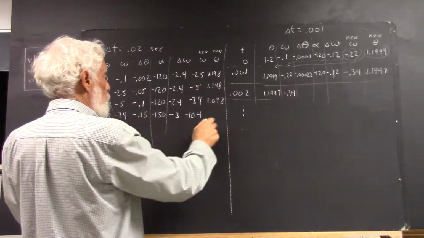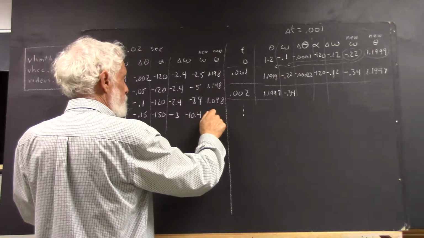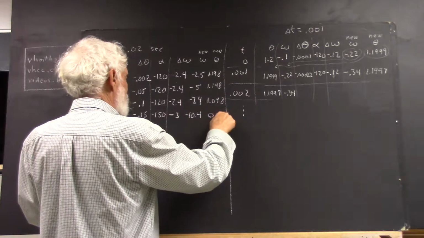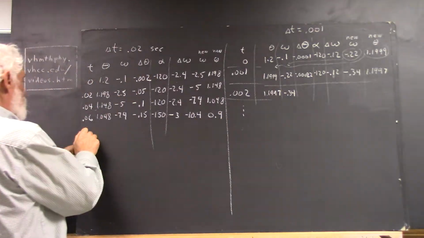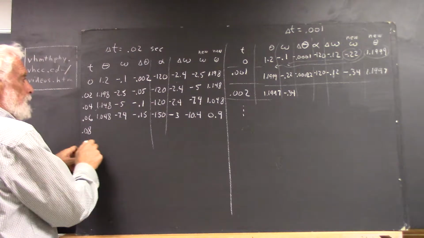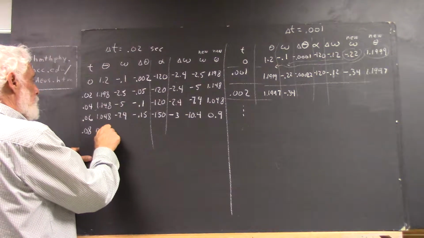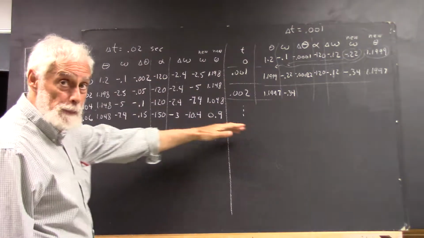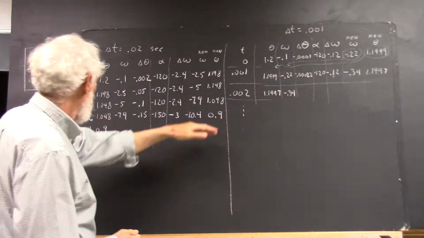We change by 0.15, we're going to be at about 0.9 radians, okay? And now our time is up to 0.08 seconds, and we're at position 0.9 radians. Again, I'm doing these in my head, approximating them, and not being all that careful.